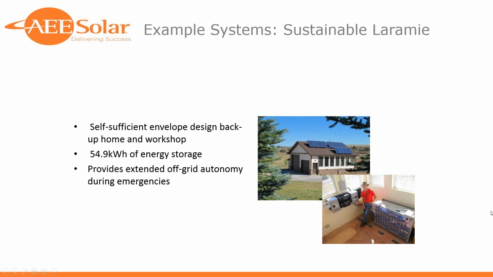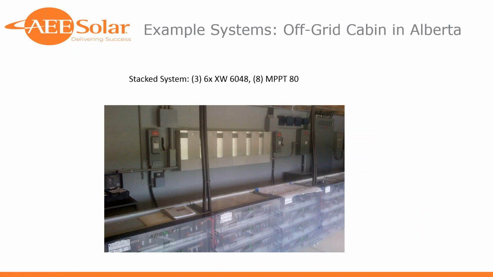I've got another one along the same lines here, a little bit larger in scale. This is a 3 XW system with a total of 8 MPPT charge controllers, and boy, I don't know how much energy storage here, but sufficient to say quite a bit. So along the same lines of what the previous system was trying to accomplish: harvest the power, co-locate the equipment.